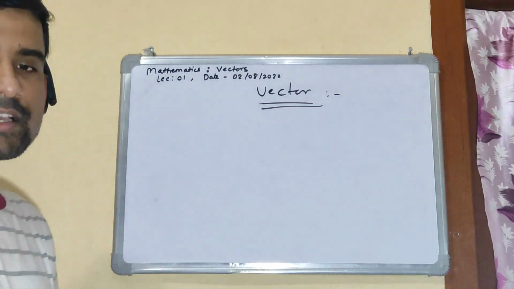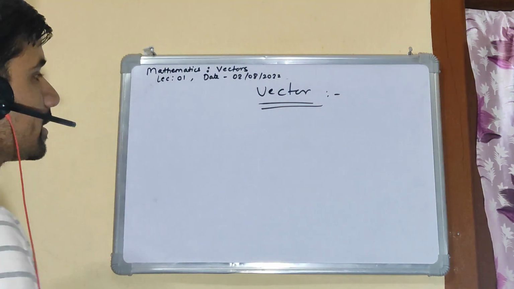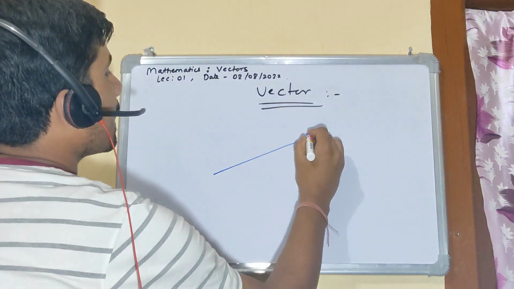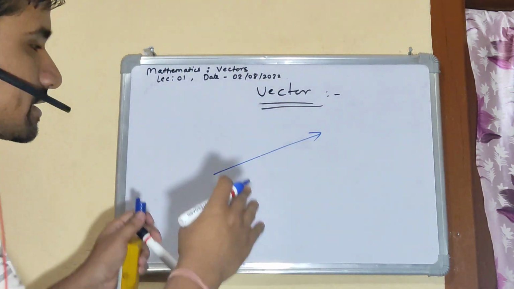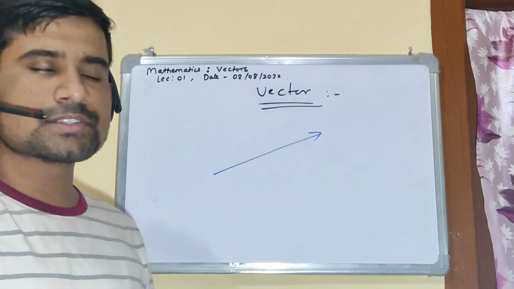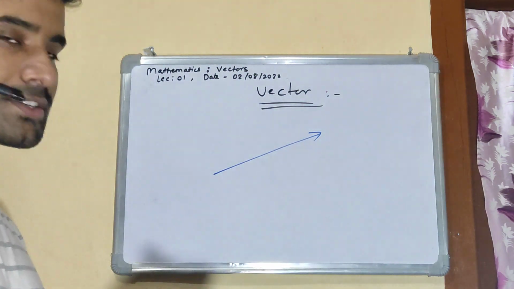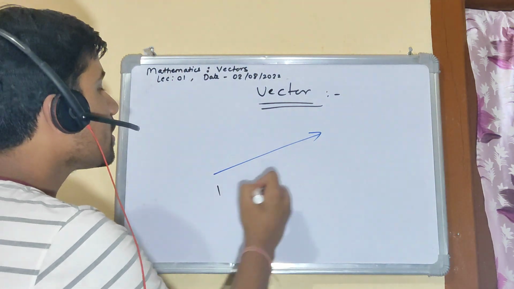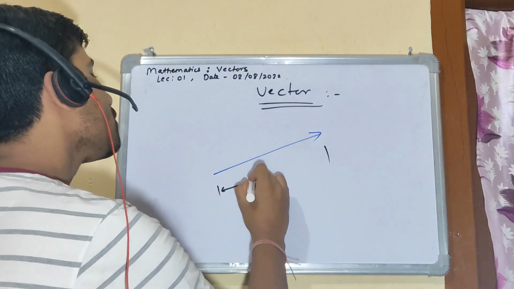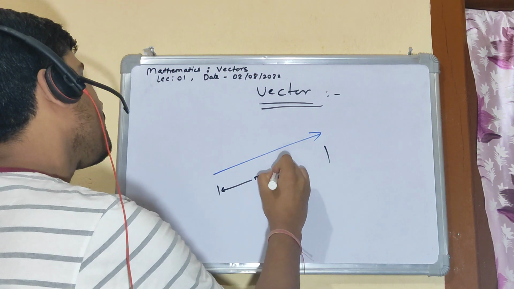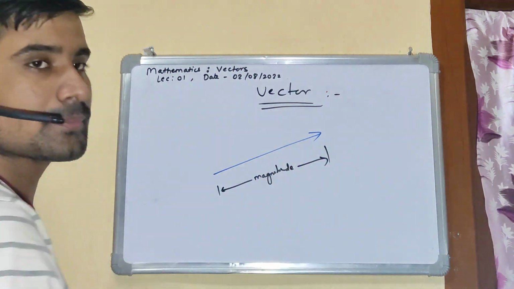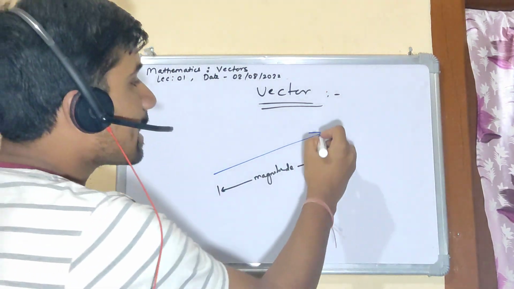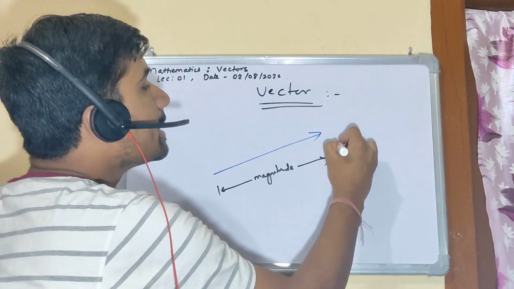A vector is represented by a ray like this. This is a structure by which we can represent a vector. The length of this particular ray gives me the magnitude of the vector, and this arrow points me the direction.